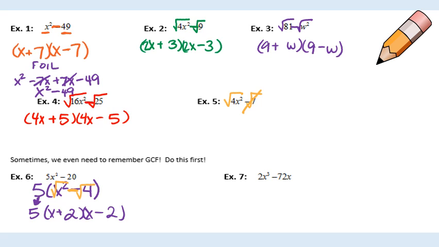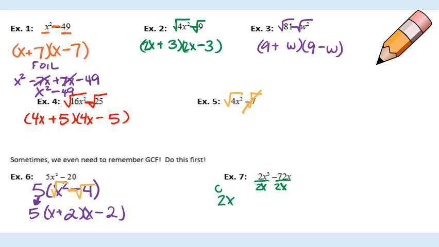On example 7, take a moment to figure out what our GCF would be. The first thing I notice is I can divide both sides by 2. Can I divide anything else out? In this case, because they both have at least one x, I can divide an x out.